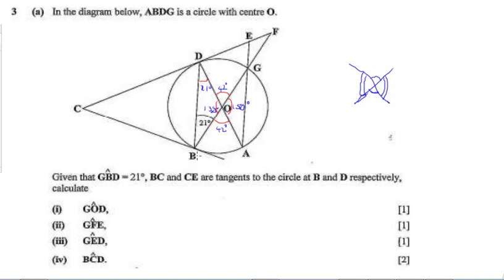They are both coming from B and A. So if this is 21, this one as well is 21 degrees. And similarly, DBG, we've got DAG, so this one is also 21 degrees. Okay? So we've got 21 there.